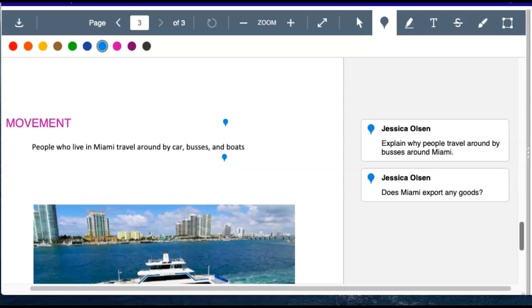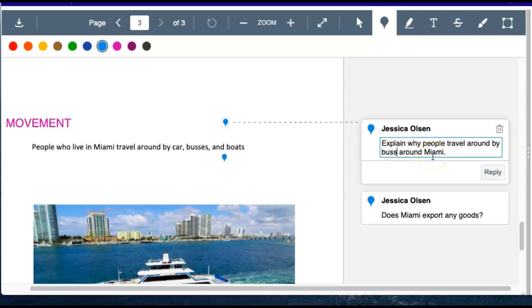And then with movement, you want to explain why people travel around by boats in and around Miami. Because as you've probably realized, Miami is surrounded by water.